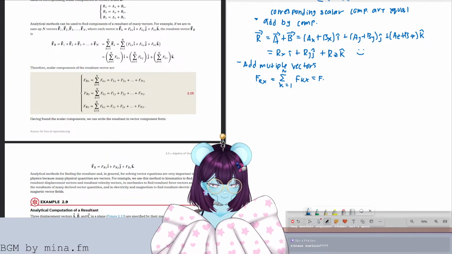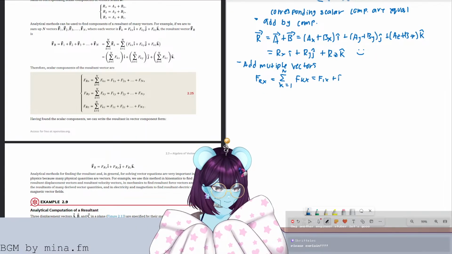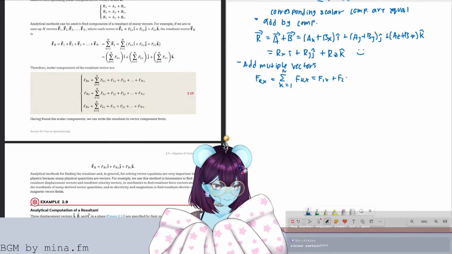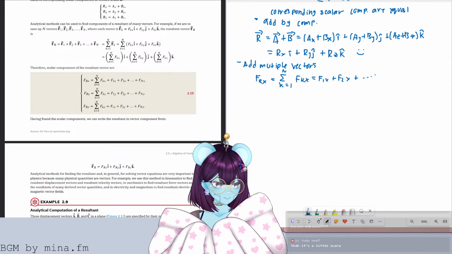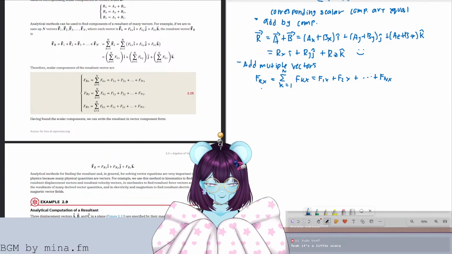Please explain. Okay, I will. Let me just write this down, and then I will explain how to read a summation symbol. It looks scary, but it just means you have to add a bunch of things.